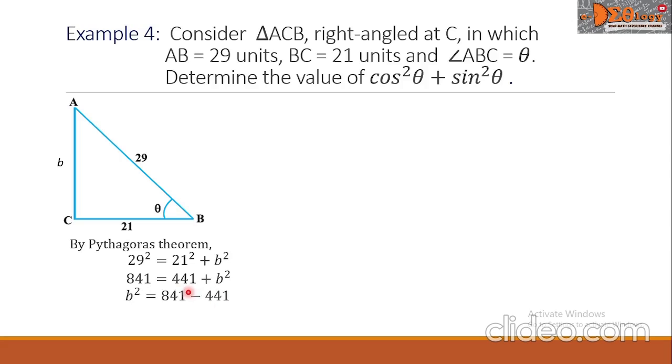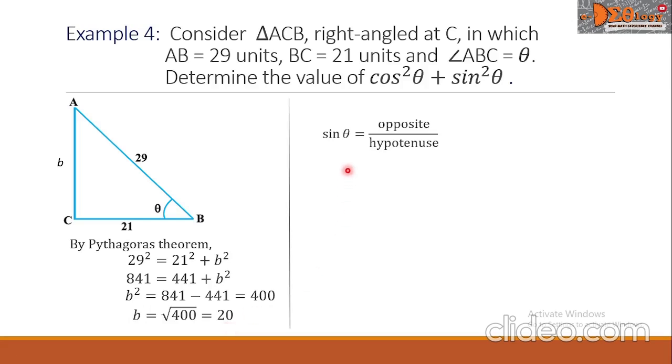Or we can rewrite this as b squared equals 841 minus 441. The difference is 400. When we take the square root of both sides, the square root of b squared is b, equals the square root of 400, which is simplified as 20.